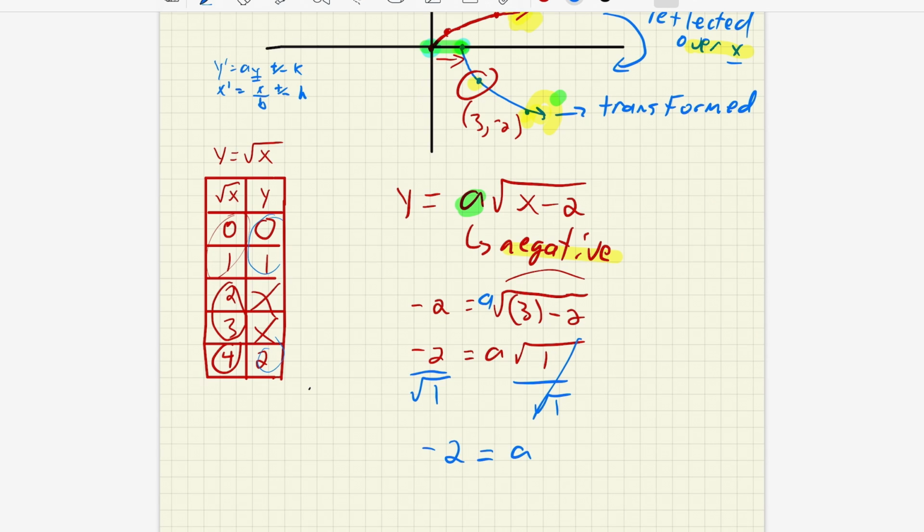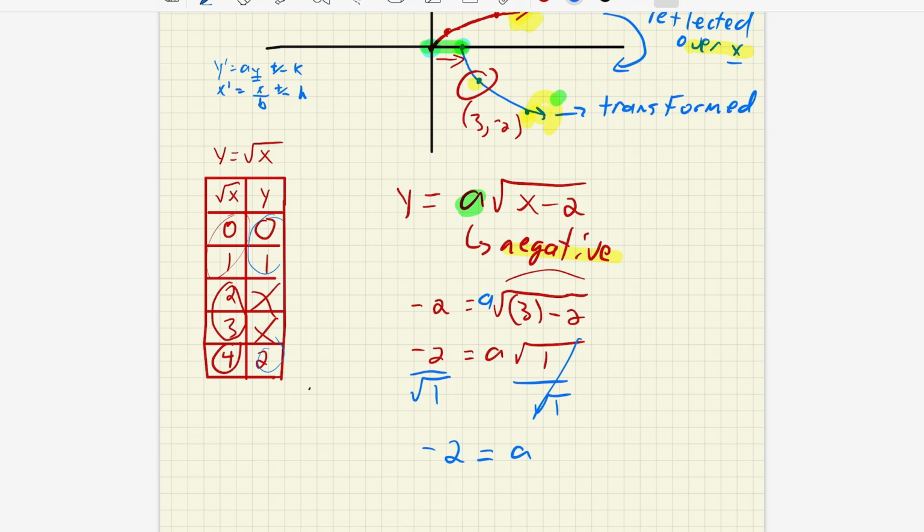Now, I said that we can put a negative on at the end. Well, that's in some strange cases. If there's a reflection on the y and x axis, you might get a positive value, and if you know that a is supposed to be negative, put the negative value, even if algebraically it comes out positive. Again, sometimes when there's two reflections, that can happen.